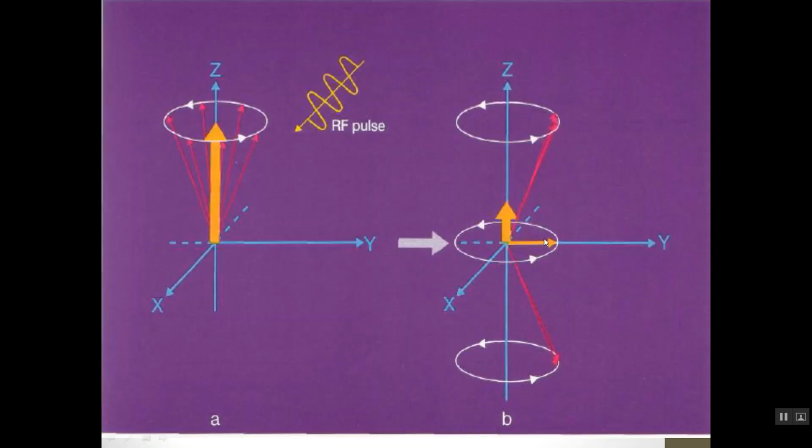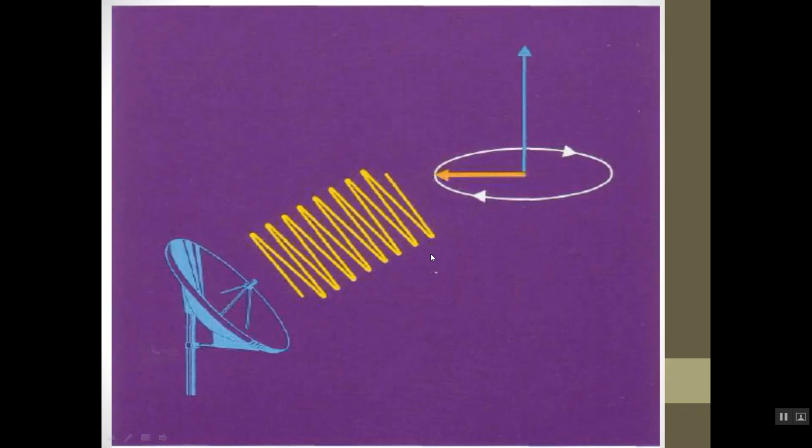And transversal magnetization appears in the XY direction after applying the radio frequency pulse, which causes the protons to be in phase and in the excited state. This transversal magnetization will induce current in the receiver coil, as you see, and we use this current or this signal to translate it to an image.